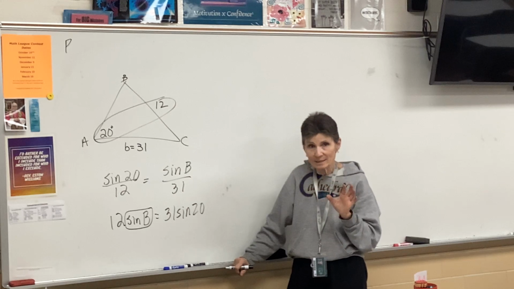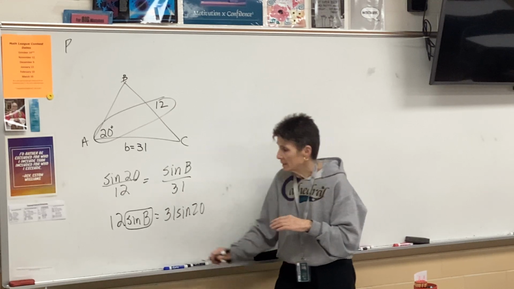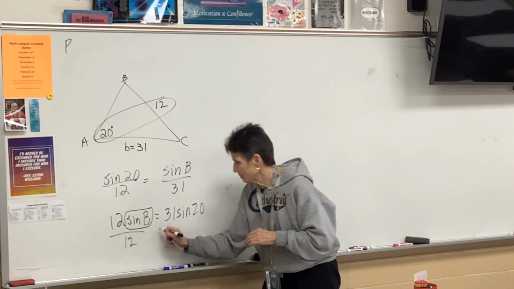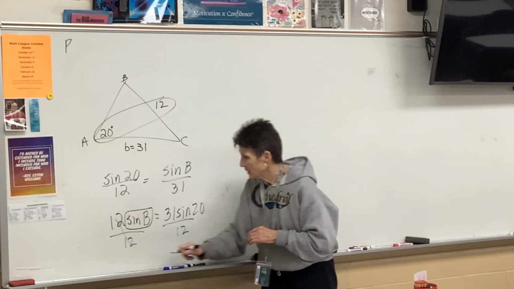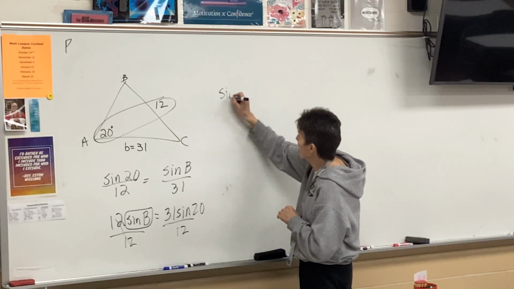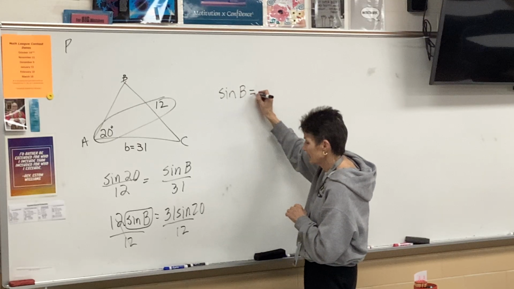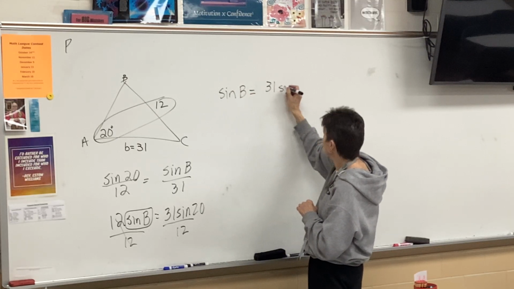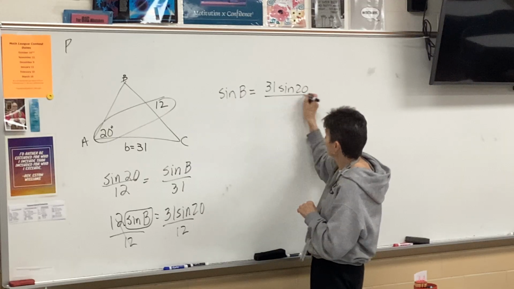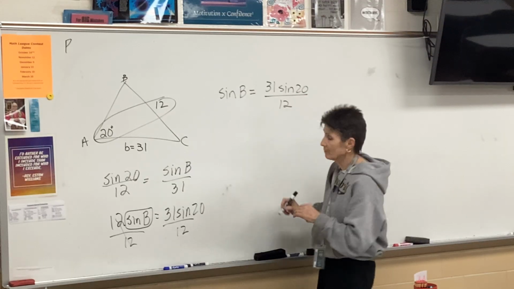You cannot separate them. So all we can do is divide by 12. So then we have sine B equals 31 sine 20 over 12.